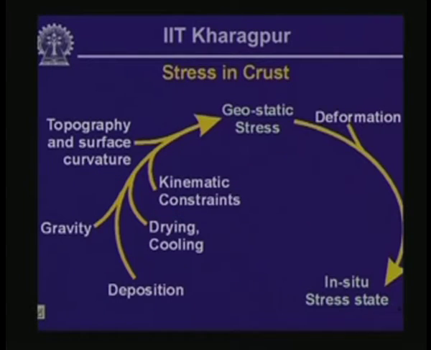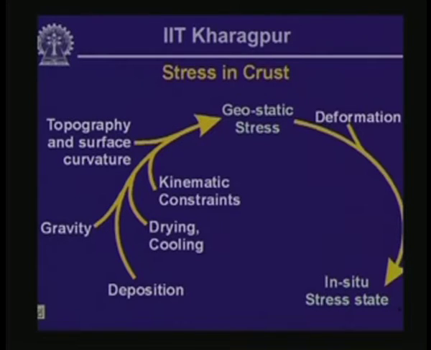Okay. So the first question is, how does the state of stress develop within a particular element at some depth within the crust of the earth? What are the factors that affect the state of stress? They are as follows.